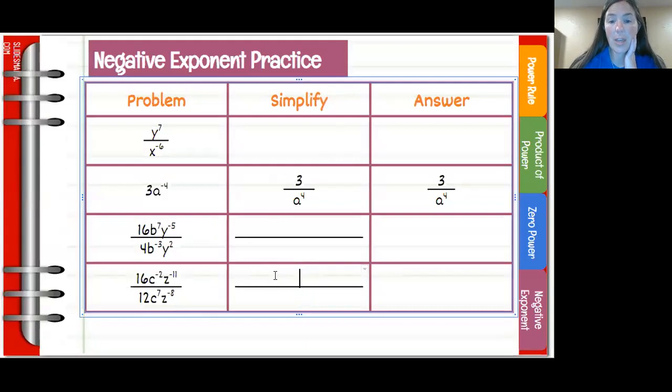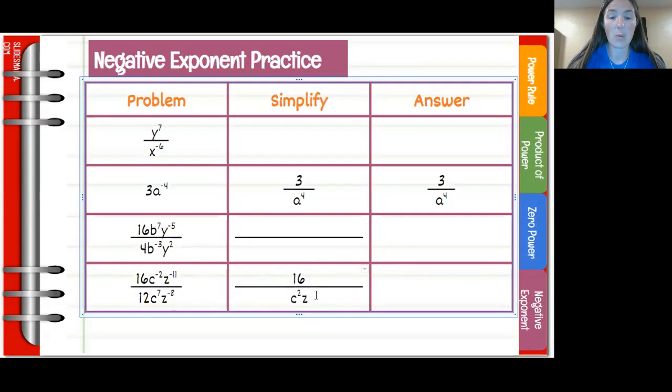So if we were looking at this, I'm going to start moving stuff around. The 16 is going to stay on the top, right? But this C is negative, so I would move it to the bottom. So I'm going to come down here and do the C squared here, right? Then I get to Z to the negative 11th, so then it would also be on the bottom.